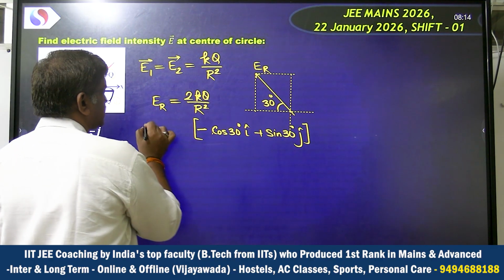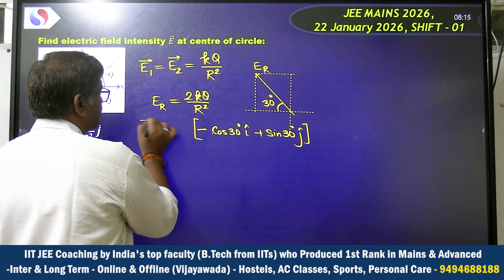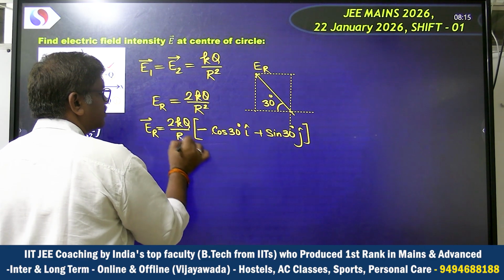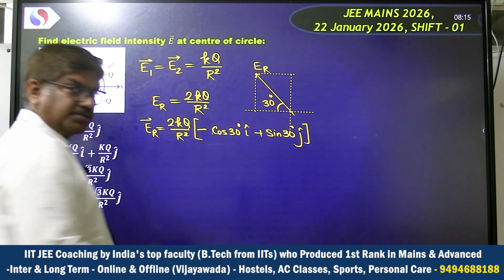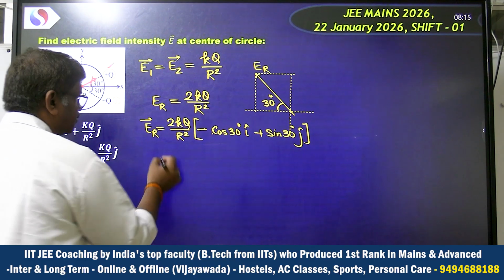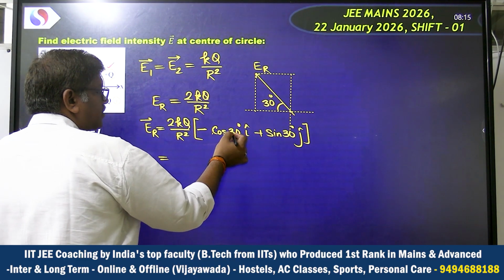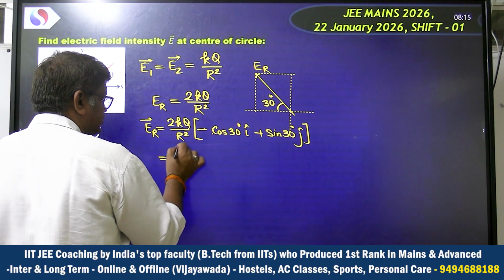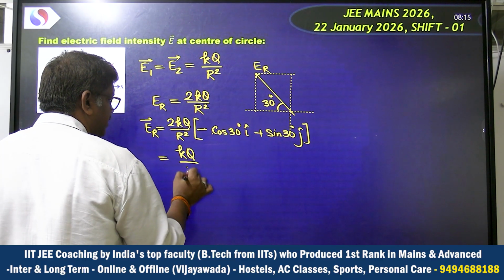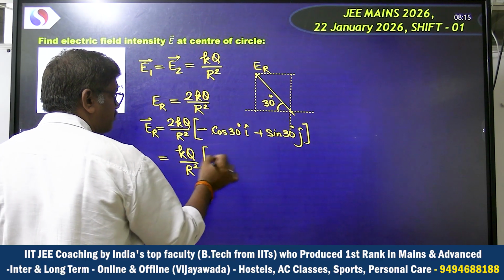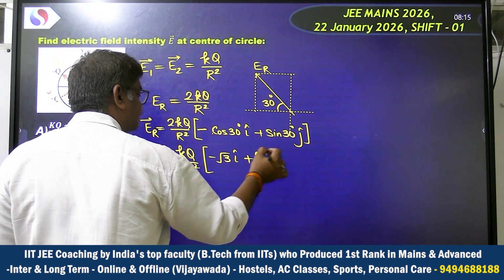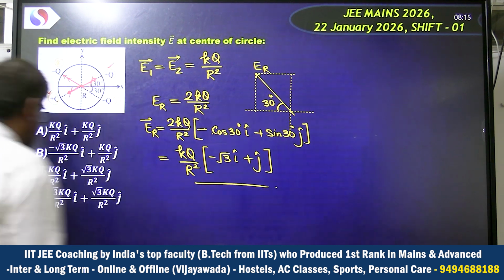That is your ER in vector form, with 2kq by r square as the magnitude. Cos 30 degree is root 3 by 2, 2 cancel. This is 1 by 2, 2 cancel. So it is kq divided by r square times minus root 3 i cap plus j cap. That will be your right answer.